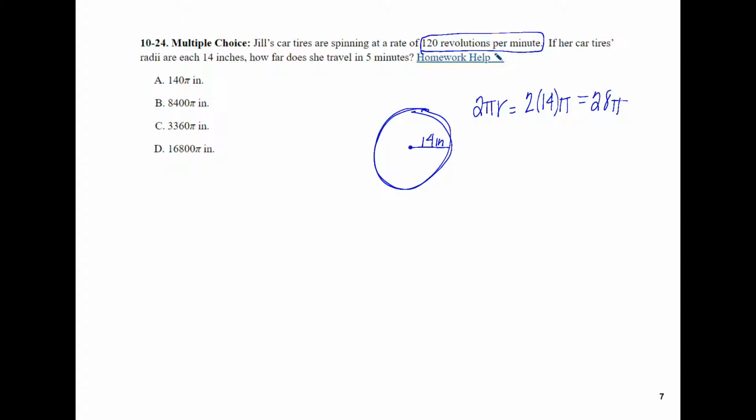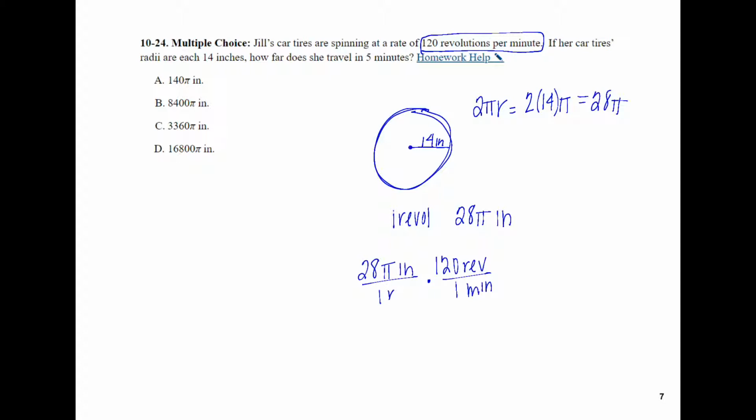So in one revolution, the car travels 28 pi inches. If we know we travel 28 pi inches in one revolution, we want to multiply that by 120 revolutions, which we go in 1 minute.